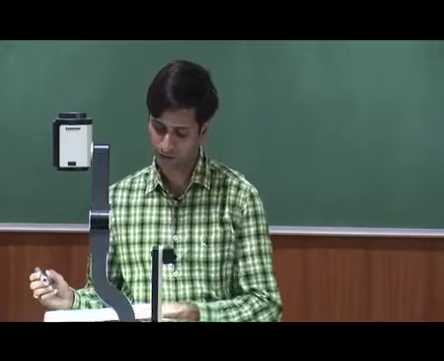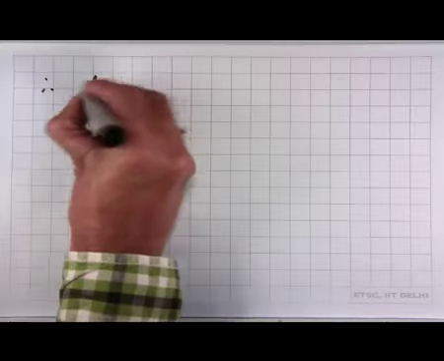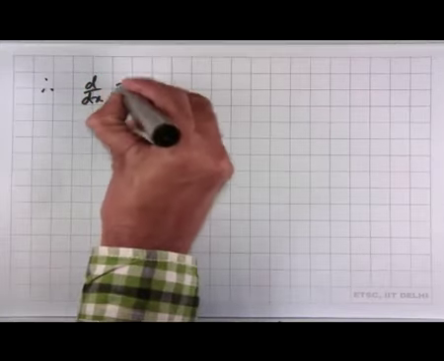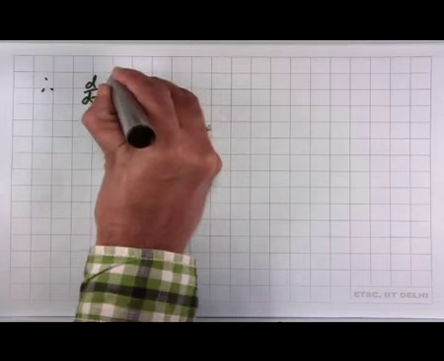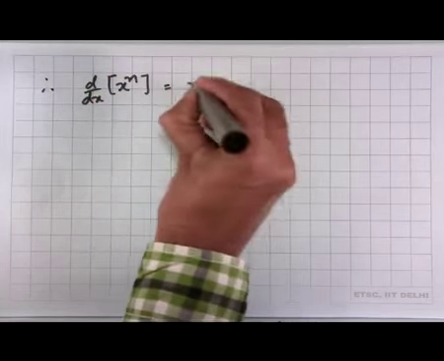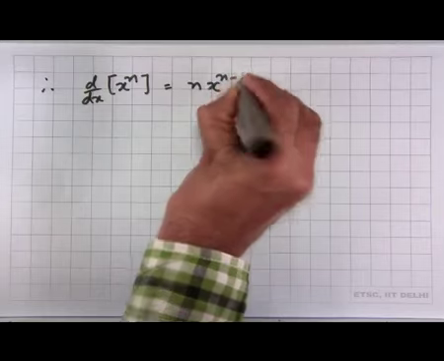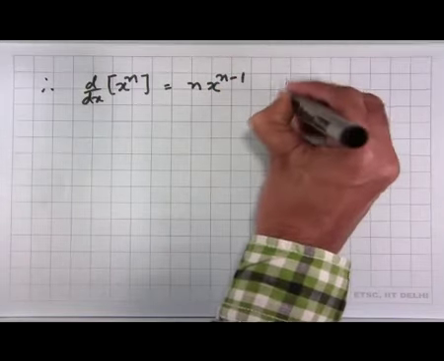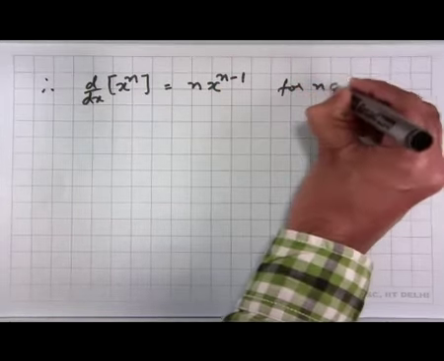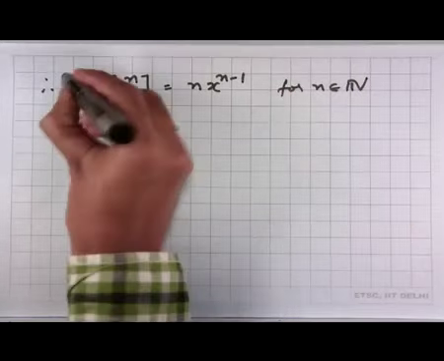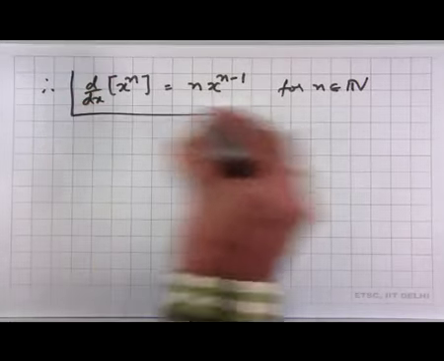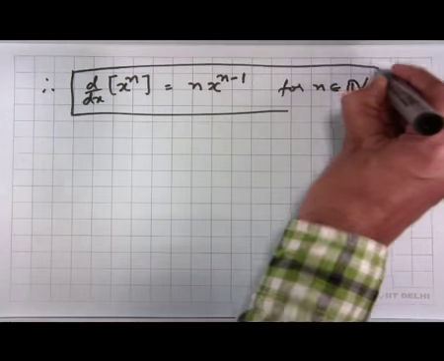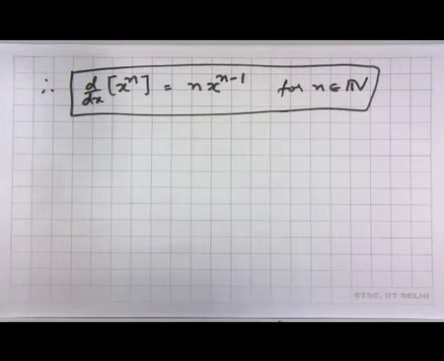So, this proves that d by dx of x to the n is equal to n times x to the n minus 1 for every natural number n. Later we will see that this is in fact true even if n is not a natural number.